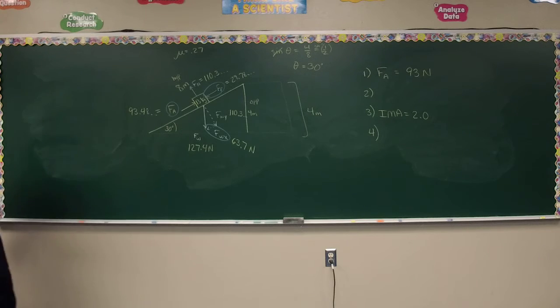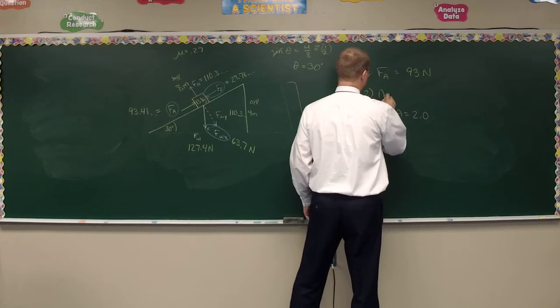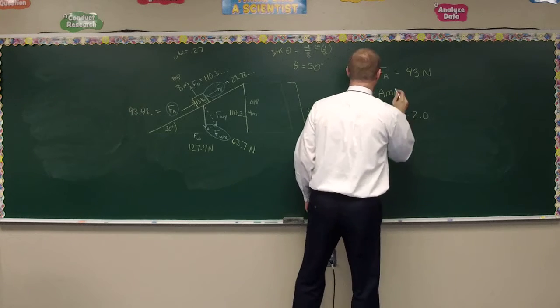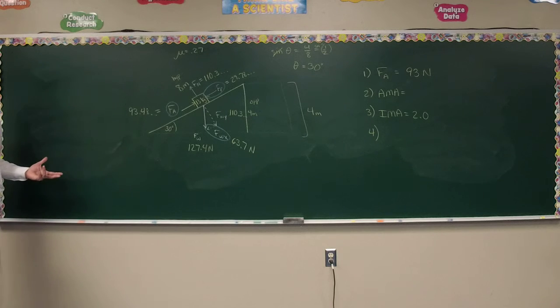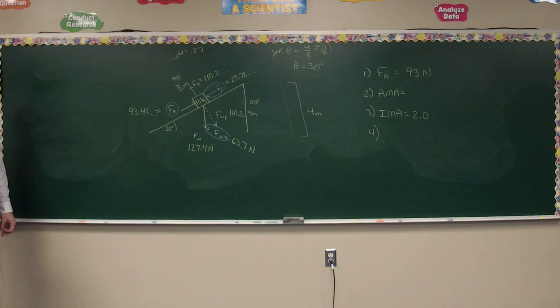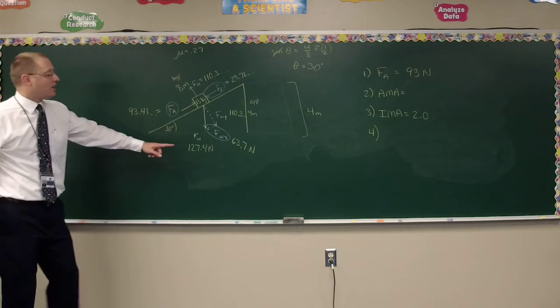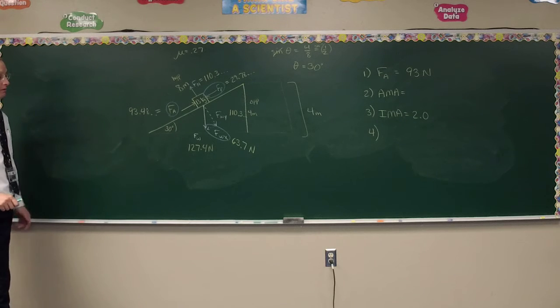The next part says find the AMA of the ramp. And how do I find the AMA for a ramp? Output over input force, right? How much force does the ramp put out? It lifts 127.4 newtons. How much force does the man put in?